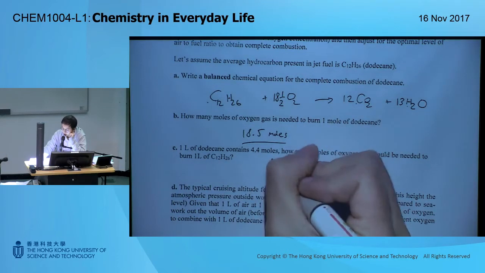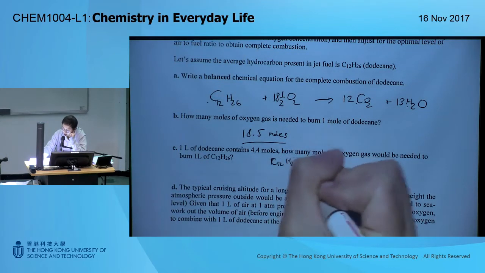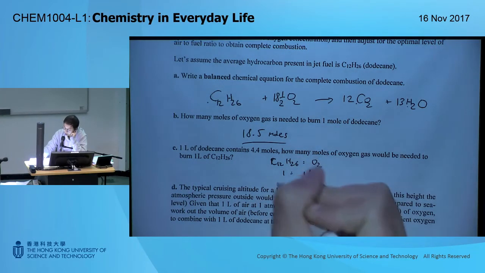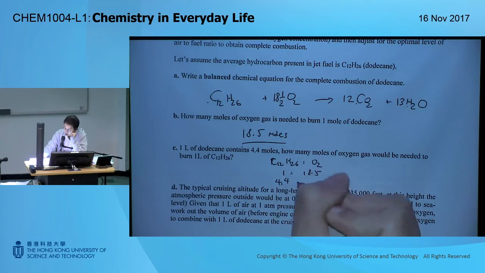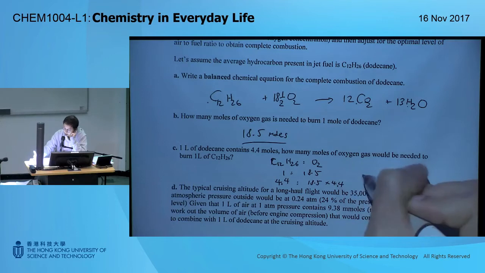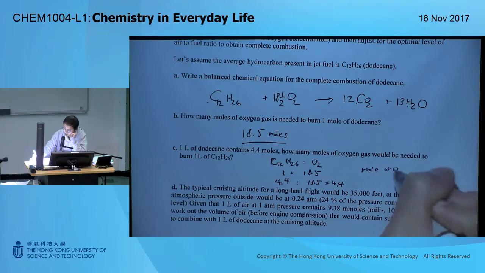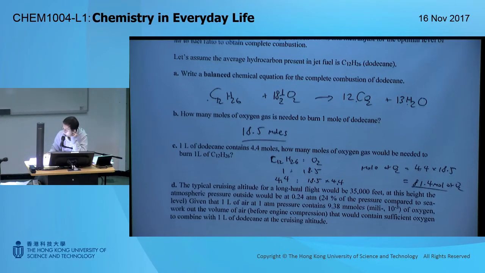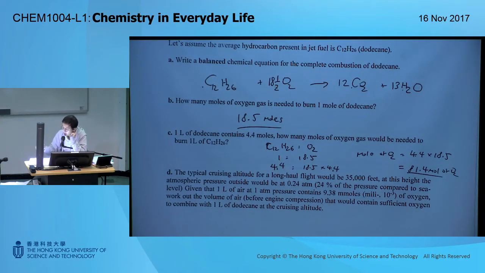Because dodecane to oxygen is 1 to 18.5, if we have 4.4 here, this is going to be 18.5 times 4.4. So moles of O2 equals 4.4 times 18.5, which is 81.4 moles of O2. So you need 81.4 moles of O2 to burn 1 liter of the jet fuel.